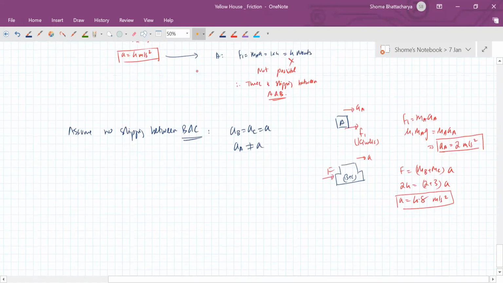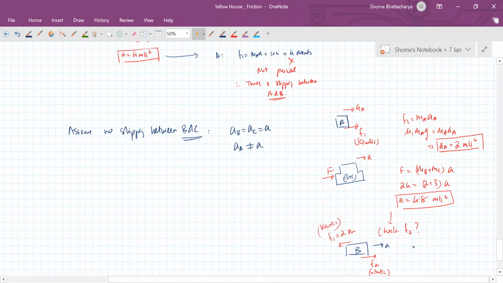So check friction F2. For that, make the free body diagram of just the upper block, or rather the middle block. So coming back to the free body diagram of B, there is friction F1 equal to 2 newtons acting backwards, and some friction F2, which is static, giving it this acceleration A. Remember, this one is a kinetic friction, whereas this one is a static friction.